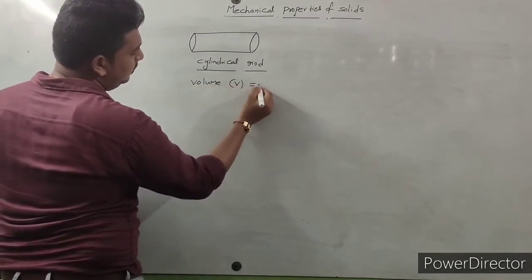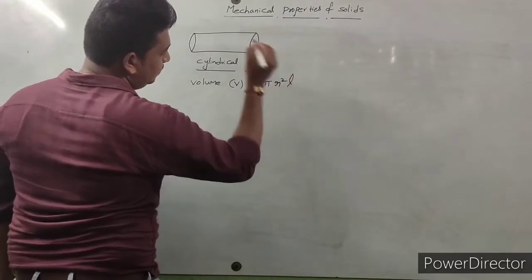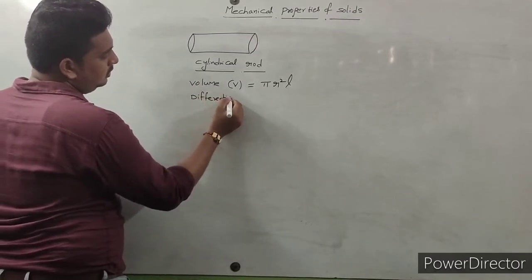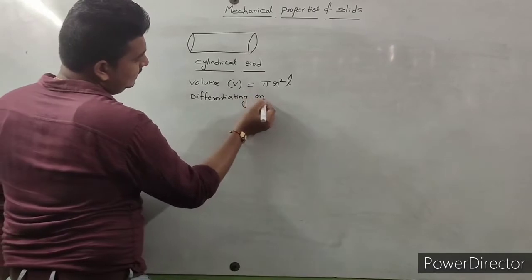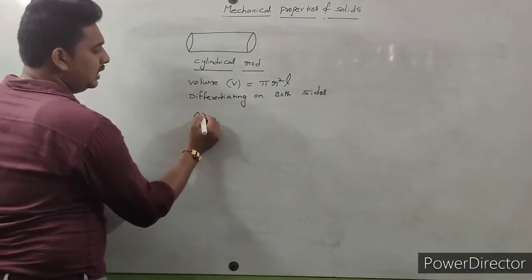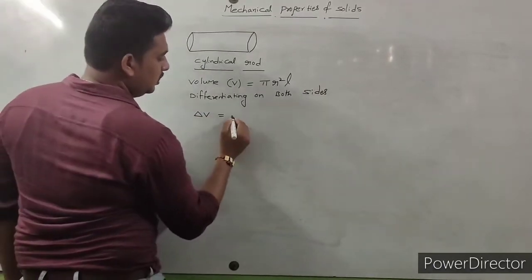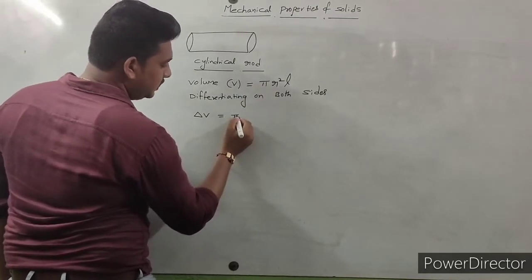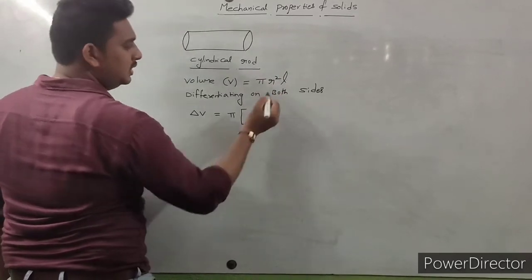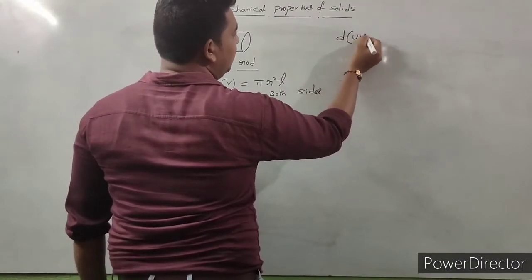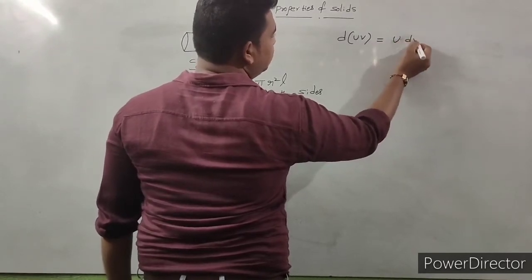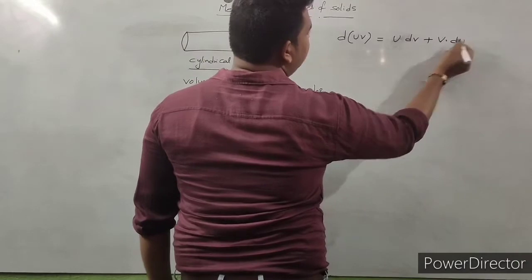Volume V is equal to pi r square L. Differentiating on both sides, delta V is equal to, here pi is a constant, r square into L. We know that differentiation of uv is u constant into dv plus v constant into du.